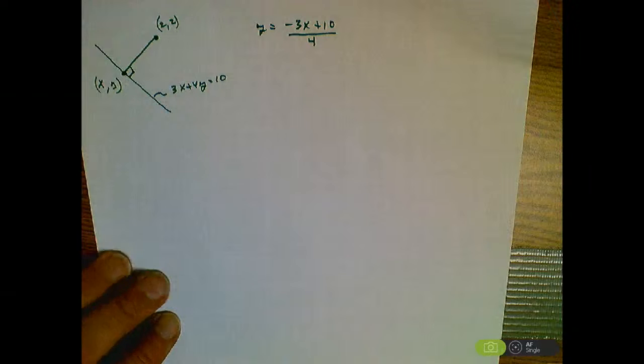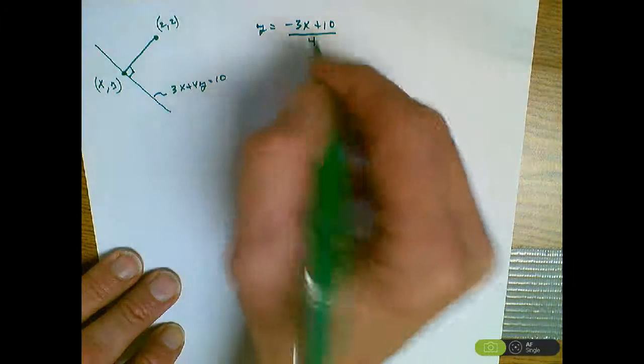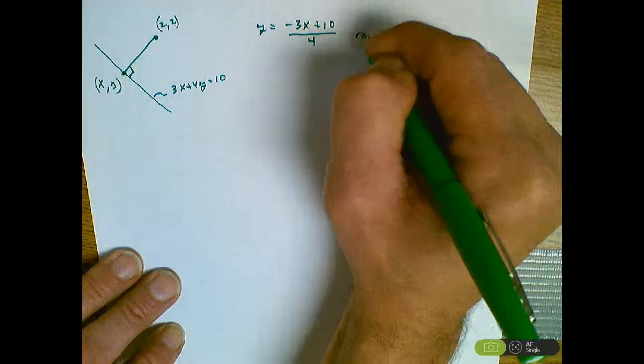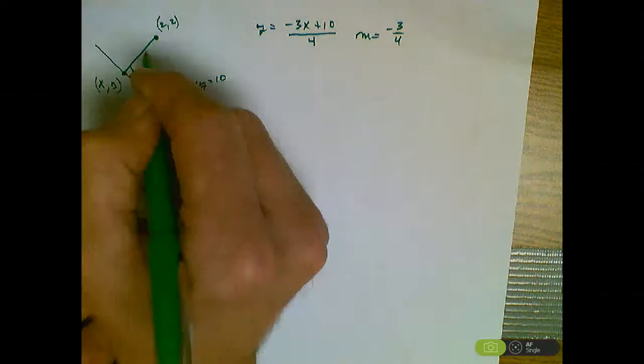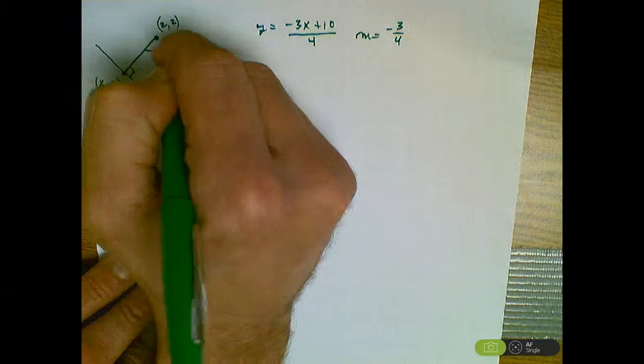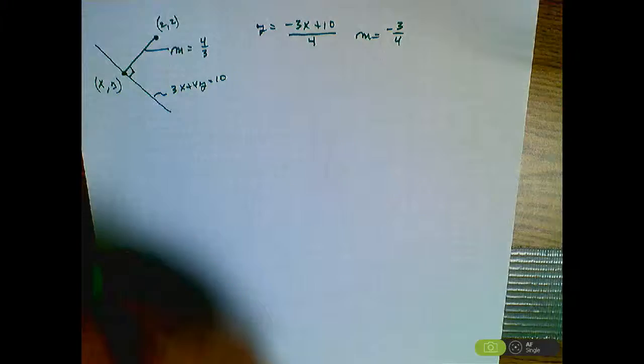That would be the equation for that line. To find the slope, we see that m is equal to negative 3/4. Therefore, the slope of our segment's line will have to be the negative reciprocal, which is 4/3.